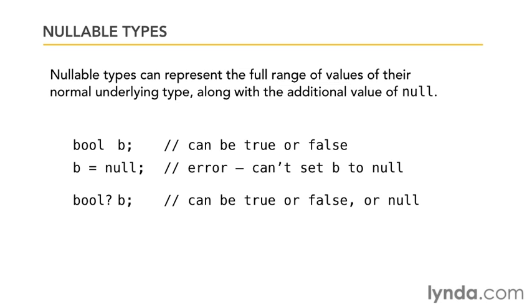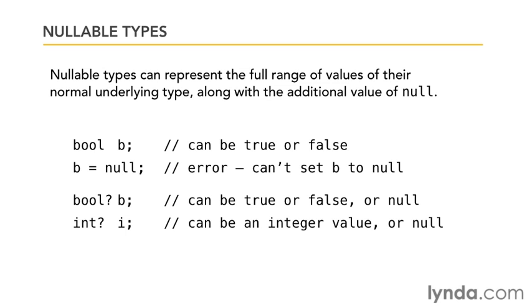You can do the same thing with integers. If I put a question mark on the end of the integer, it can be an integer value or it can be null. Using these kinds of primitive data types, you can build all kinds of C# variables and higher order objects, which we'll see a little bit later in the course. For now, though, now that we've seen primitive data types, there's one other thing we need to look at and understand, and that is how C# deals with the notion of objects.